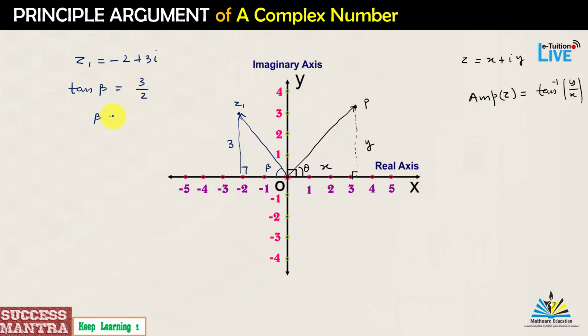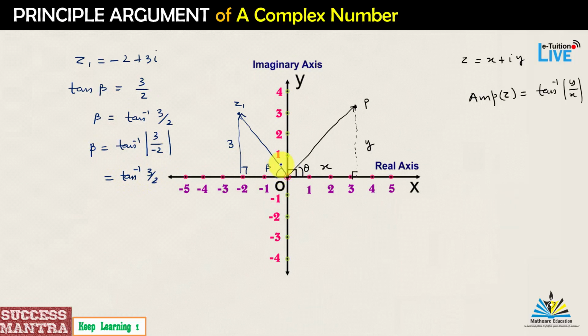Hence beta can be written as tan inverse 3 by 2. Or even we can have beta written as tan inverse mod of 3 upon minus 2. That is again tan inverse 3 by 2. And this is the beta.